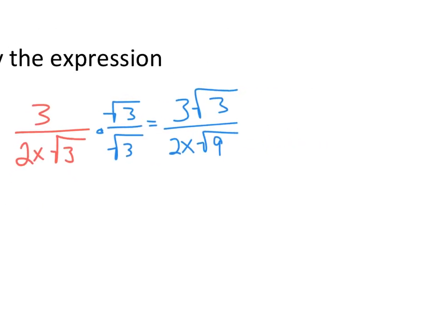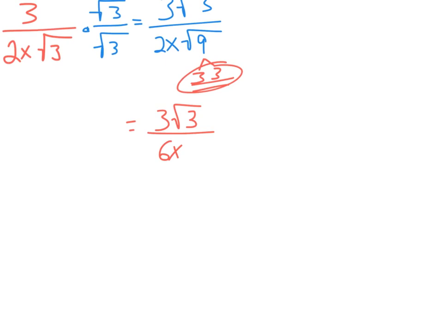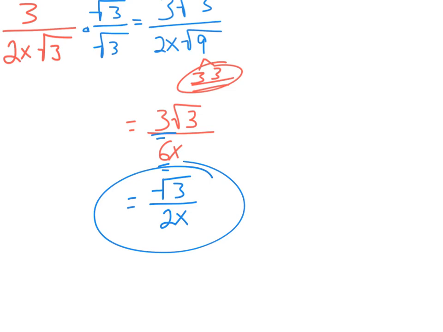Do your factor trees, or simplify the radicals. So we get 3 radical 3. To the outside, I'll move a 3, so I get 6x, nothing left on the inside. And then last step, see if you can reduce. 3 and 6 reduce to make the square root of 3 over 2x as the final answer.